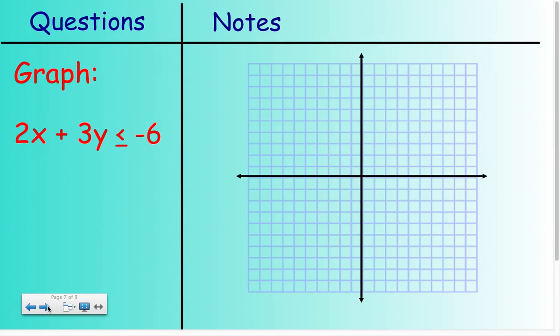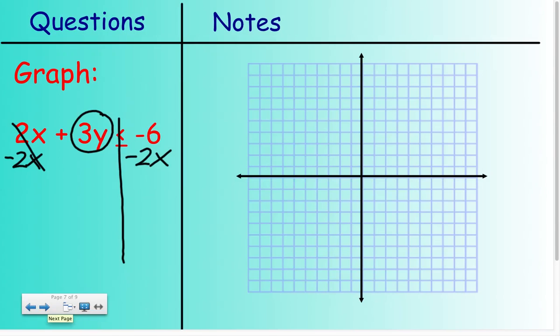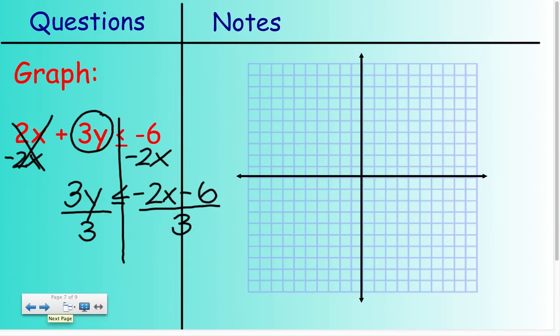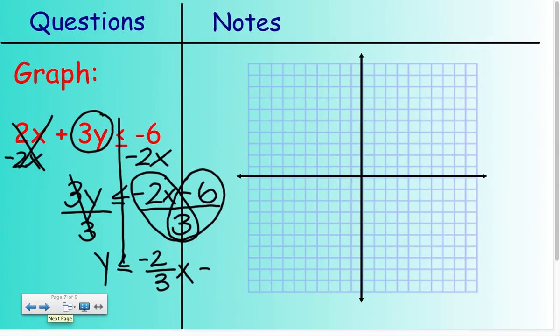All right, this equation is not in slope-intercept form, so we need to get it in that form. So minus 2x on both sides. Bring down the 3y. This one is hard because we have to get y by itself, so we have to divide by 3. So negative 2 over 3 does not divide nicely, so leave that as a fraction. Negative 6 over 3 is negative 2.